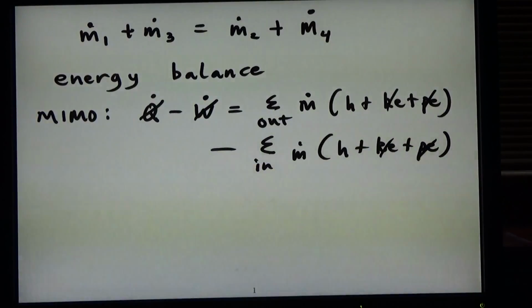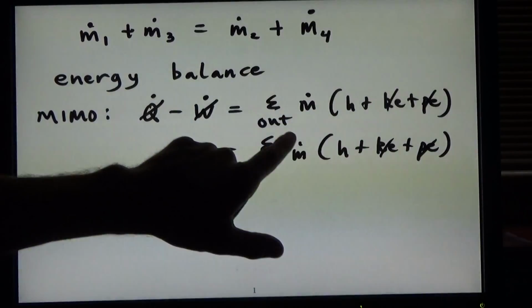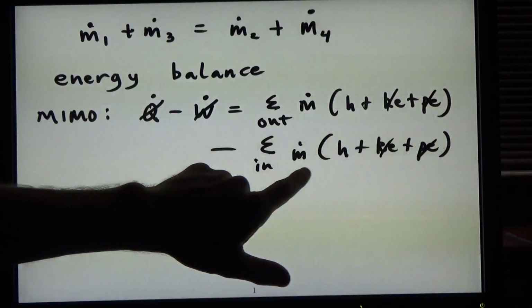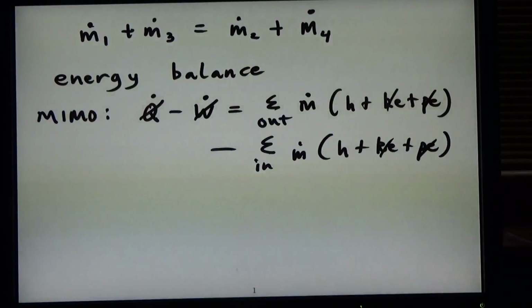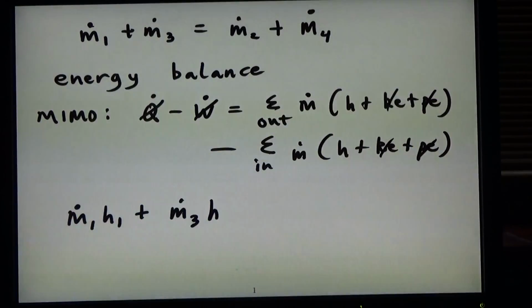So all that leaves us with is m dot times h at the out is equal to m dot times h at the in. At the inlets we have 1 and 3. The outlets we have 2 and 4.